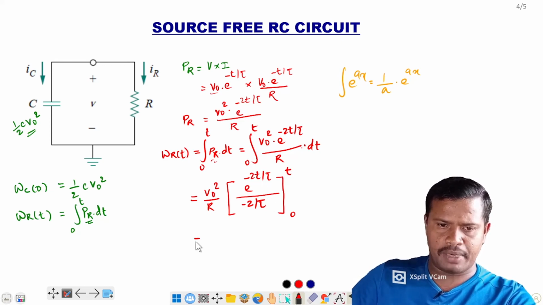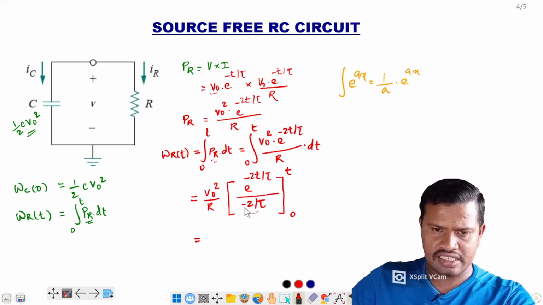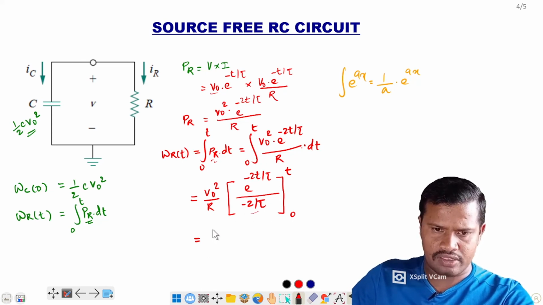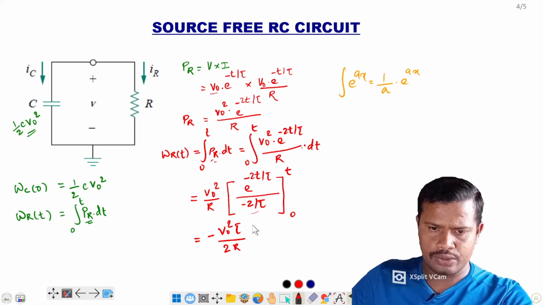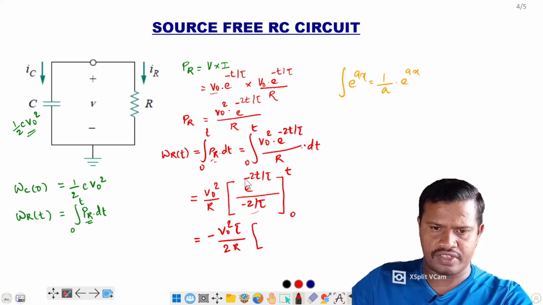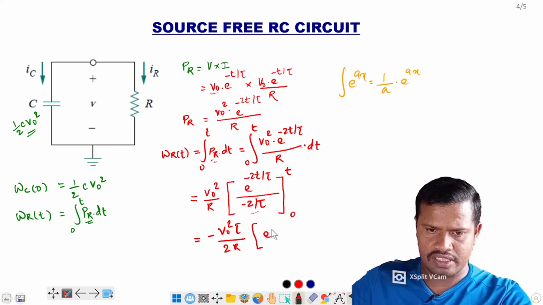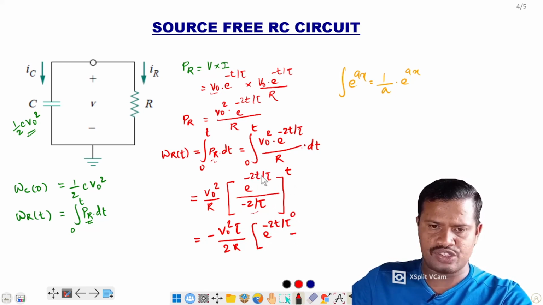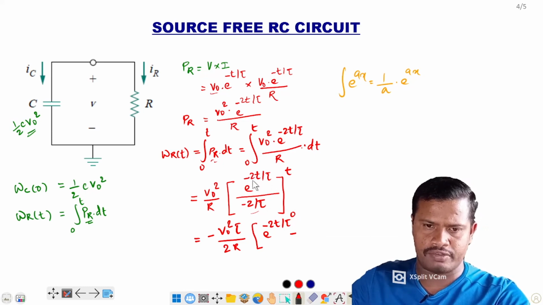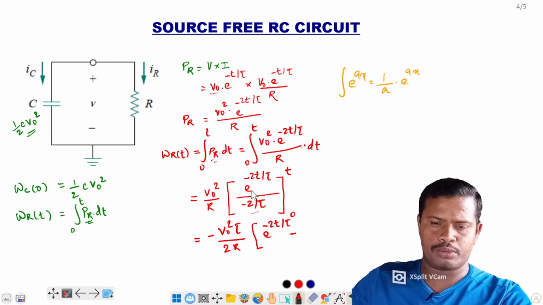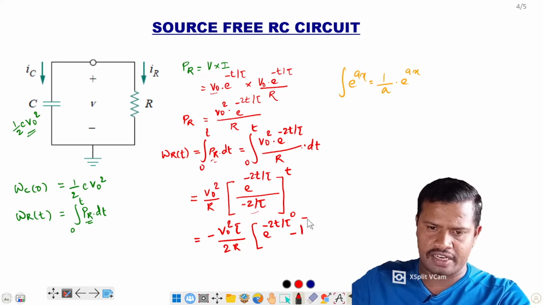Fine. Now when we apply the limits into this equation, this constant we can take out of the bracket. So we can write negative V naught square into tau by 2R into, when we apply the value t in place of t, the equation will be the same, e to the power of minus 2t by tau, minus, when we apply 0 in place of t, e to the power of 0, and we know that e to the power of 0 is equal to 1, so we write 1.